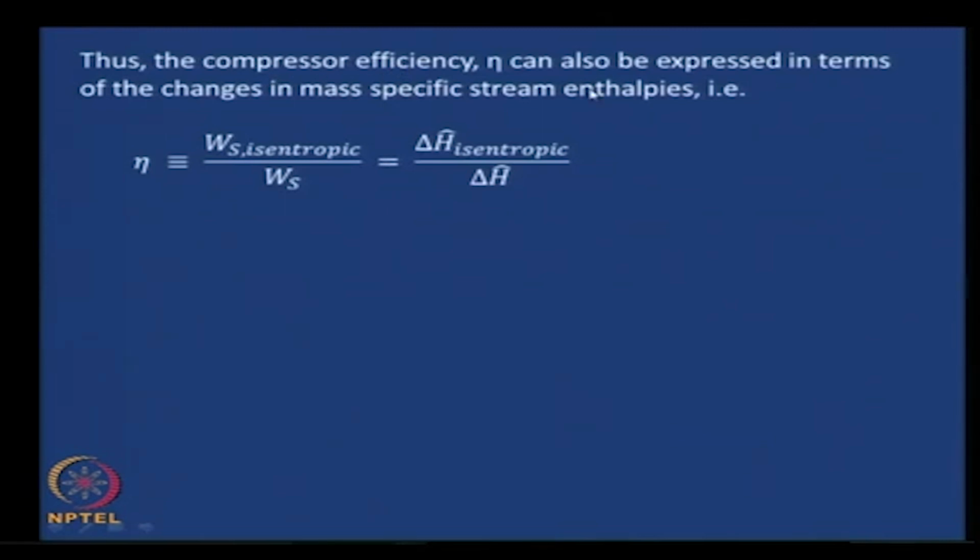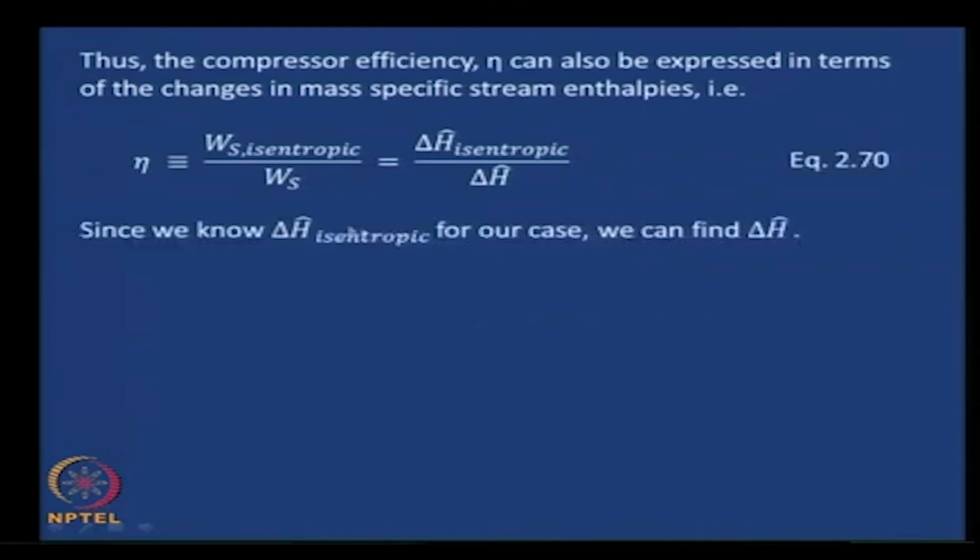It can therefore be expressed in terms of the enthalpies, that is delta H hat isentropic to delta H hat, and as we know, we can get these values from the steam tables; we got those values already. So, let us substitute that. We know delta H isentropic for our case, we can find delta H, and therefore, the work requirement.